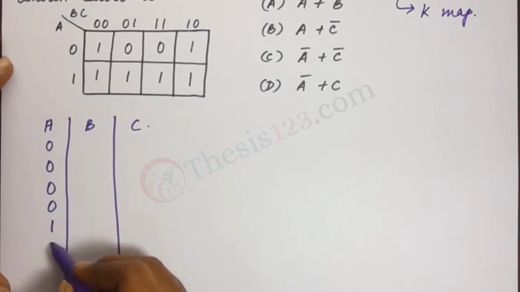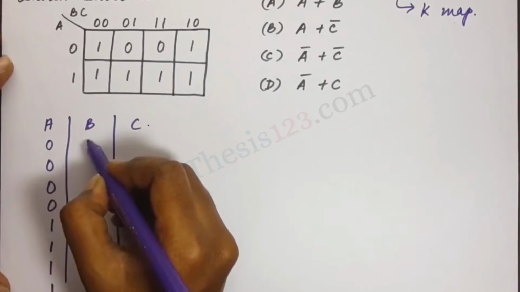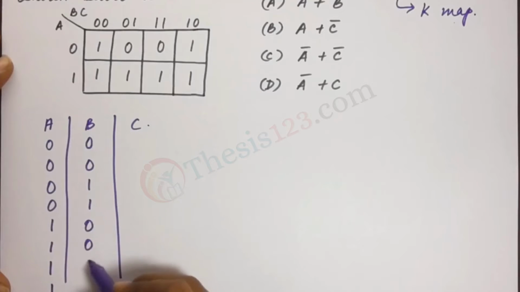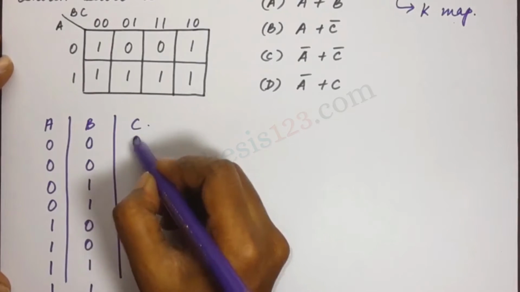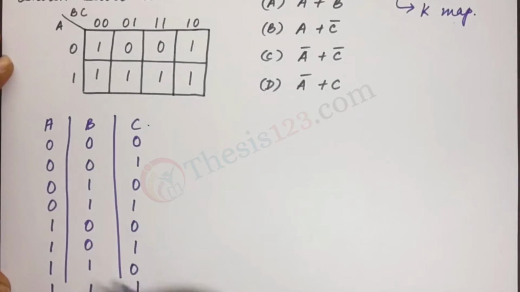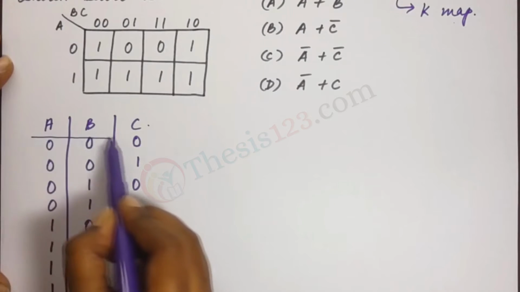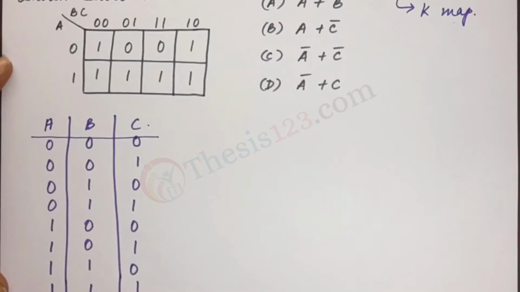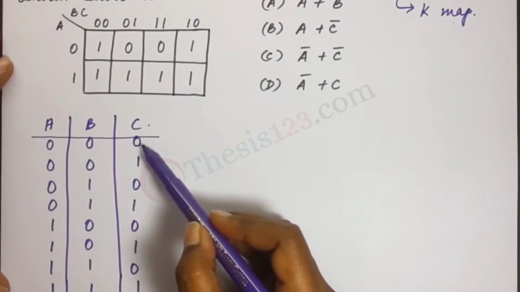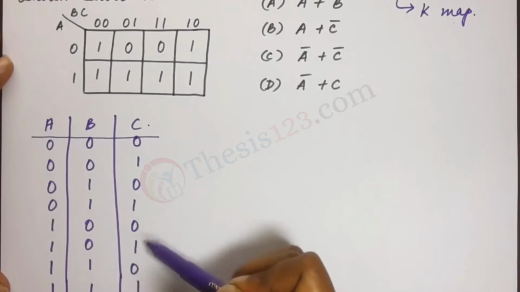I'll just write that down here for you. Considering the binary bits in this case, we have A, B and C, and you will see that there are altogether 8 combinations.